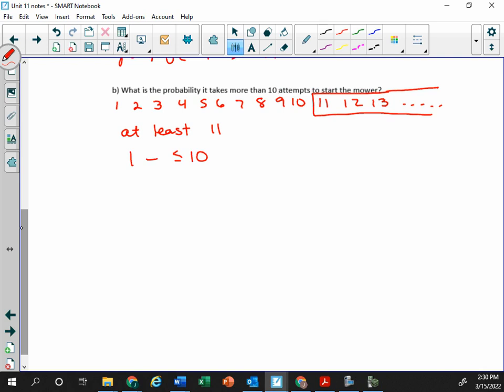Okay, so we're going to have 1 minus. I'm going to do geometric CDF for the up to 10, okay? Because that's what we can do with the CDF. We can do 0 up to some number. We can't start at a number and go past it. All right, so let's look at your calculator.